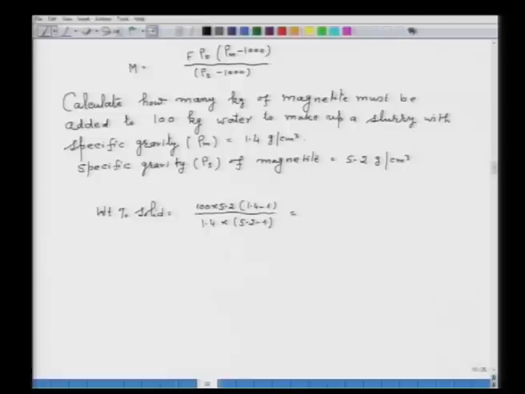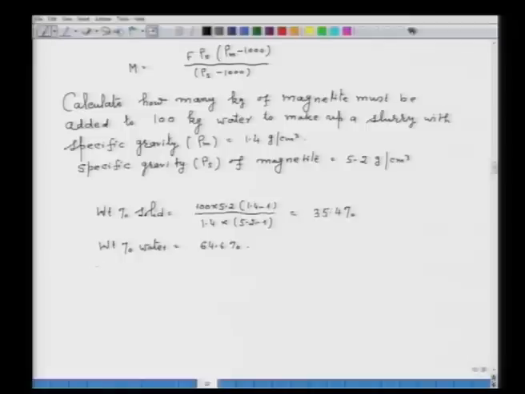That will be equal to 35.4%. Now, the weight percent of water is equal to 64.6%.